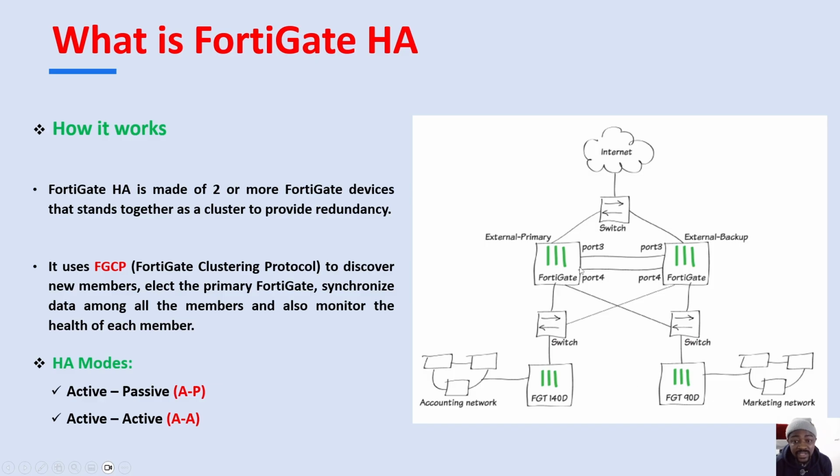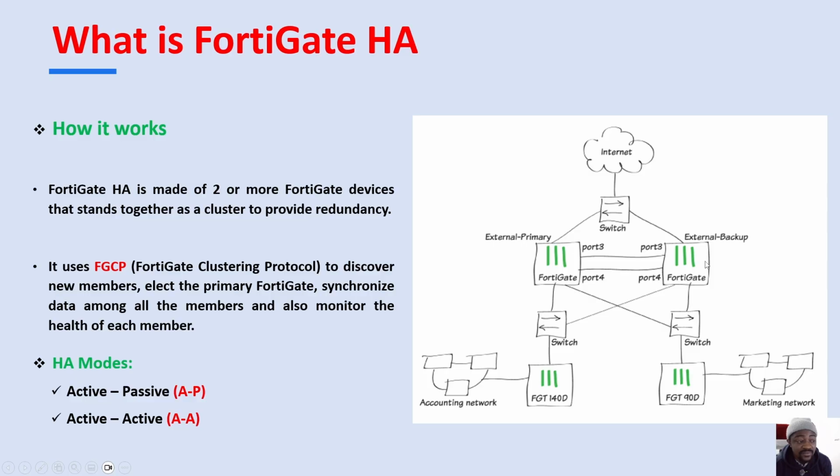So when the firewalls are working in active passive mode, one FortiGate is managing all the traffic, and the other one is in standby mode. In case the primary FortiGate has an issue, then the one that is in standby will take over. And in the active mode, both are sharing the traffic. So maybe one will be managing 60% of the traffic, while the other one is managing 40%.